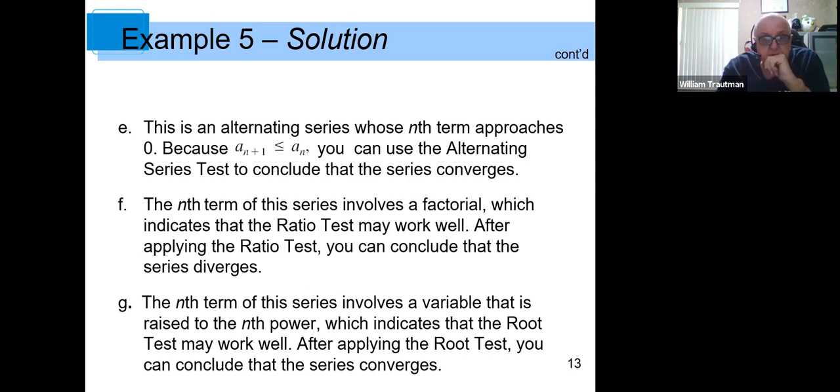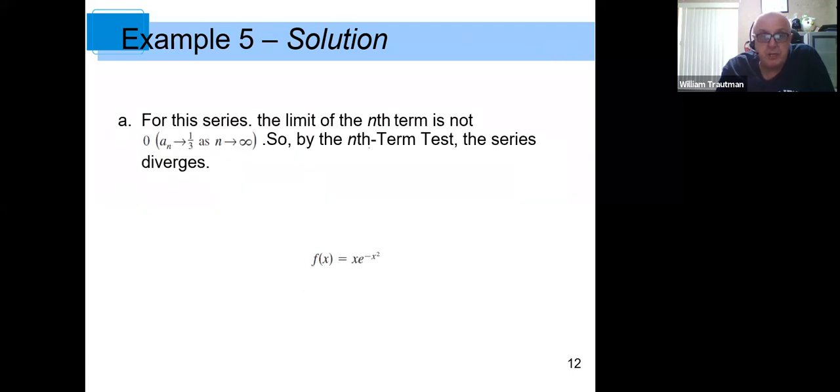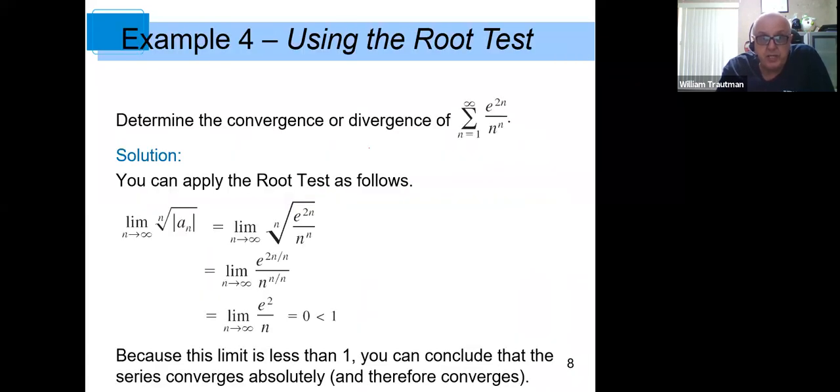So here it says you can use the root test, the nth term. Since the nth term of the series involves a variable as a power, that's a good indication of whether you can use the root test or not. If we go back up here to the example we had on the root test, you see how we have an n as a power of each one.